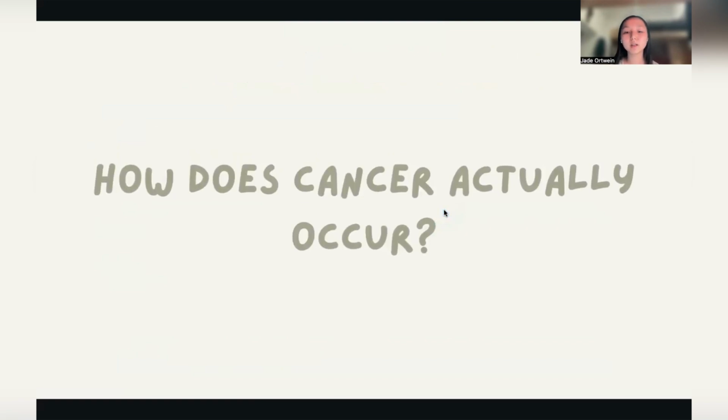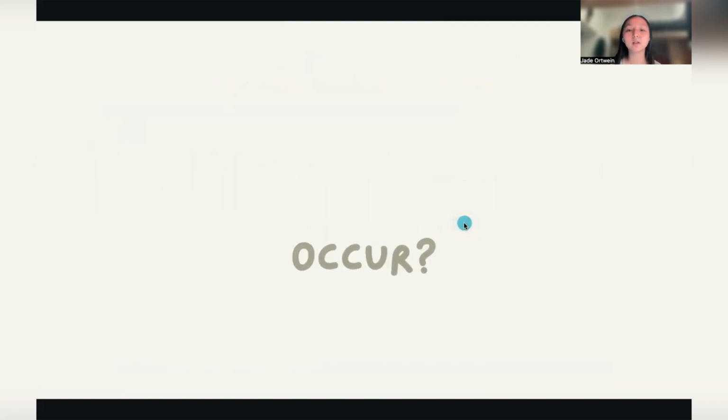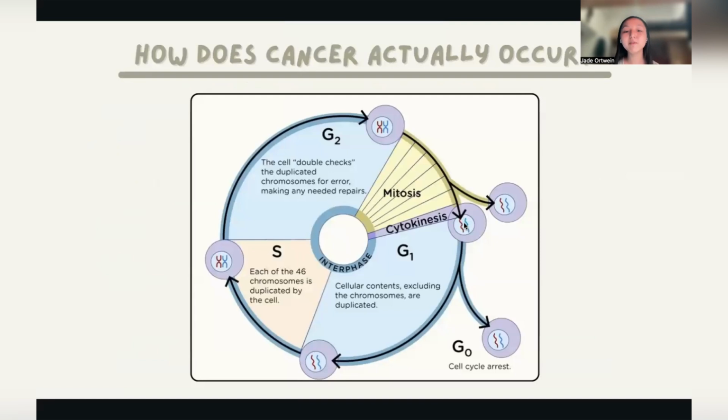So, how does cancer actually occur? Let me first explain the process of mitosis. Mitosis is a process in which the cell divides into two identical daughter cells, and this is important for replacing cells that are damaged or for cell growth.